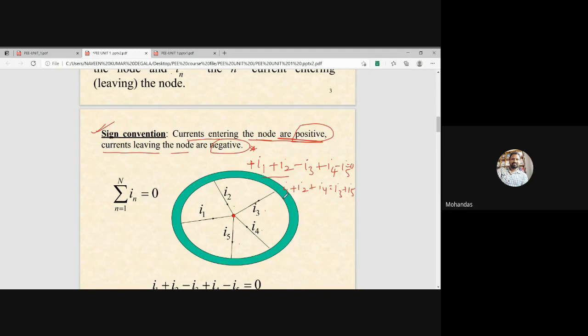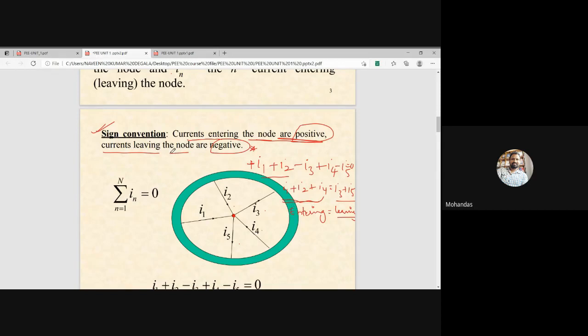So I1, I2, I4 are called entering currents, which is equal to I3, I5, which are leaving currents. In this way also we can state the KCL: the algebraic sum of entering currents is equal to the algebraic sum of leaving currents at a particular node.